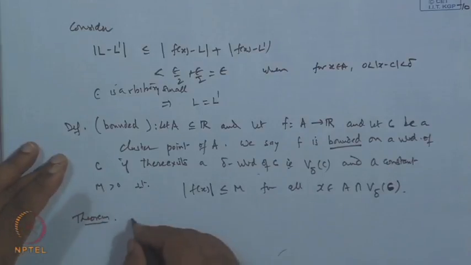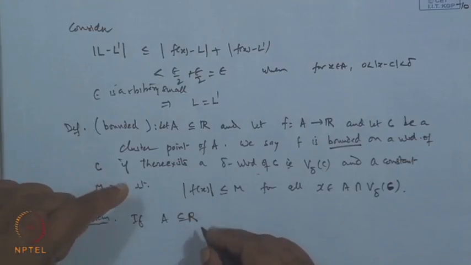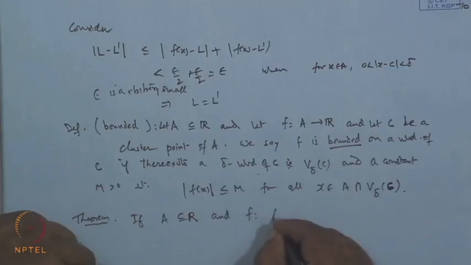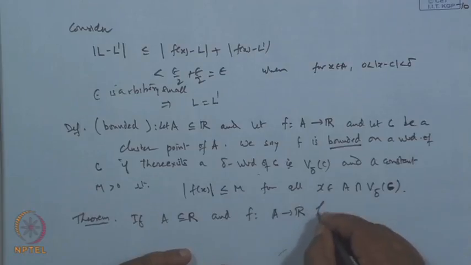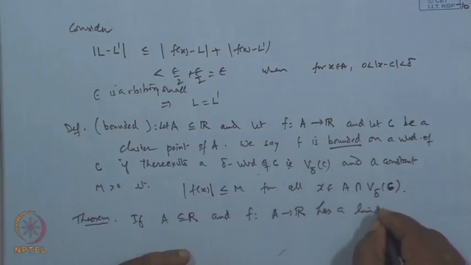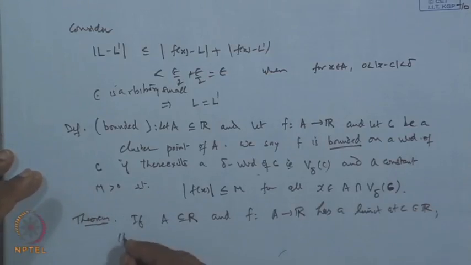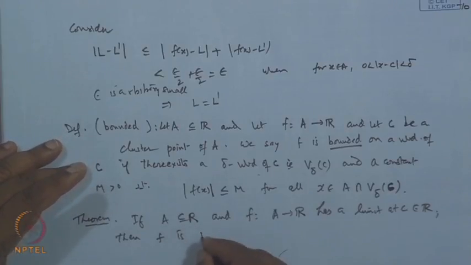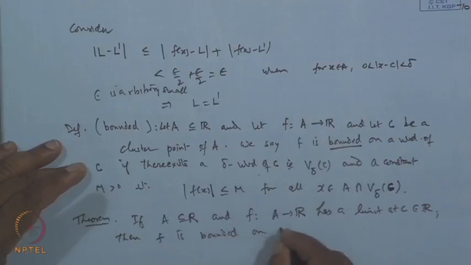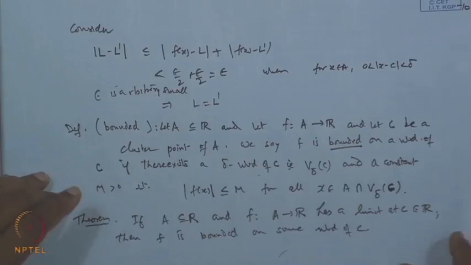So the result is: if A is a non-empty subset of R, and f is a mapping from A to R, and f has a limit L at C, where L belongs to R, then the function f is bounded on some neighborhood of C. Let us see the proof of this result.